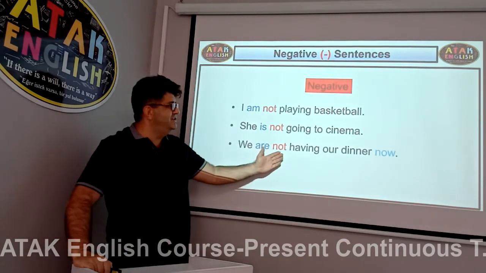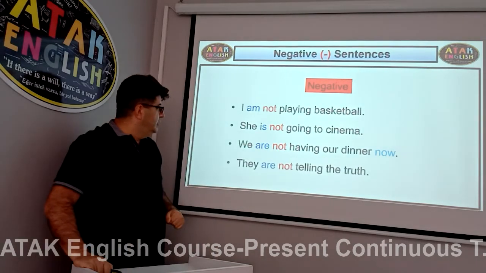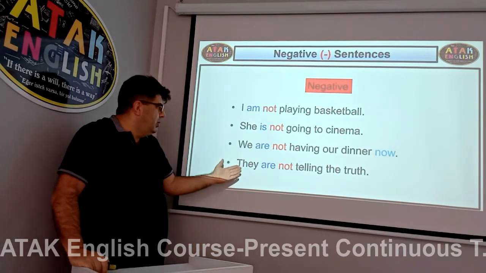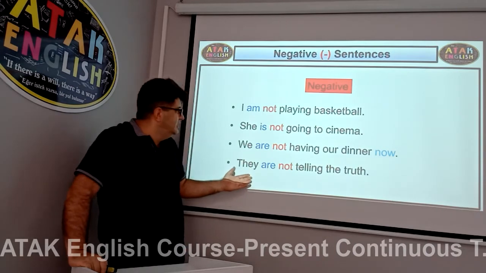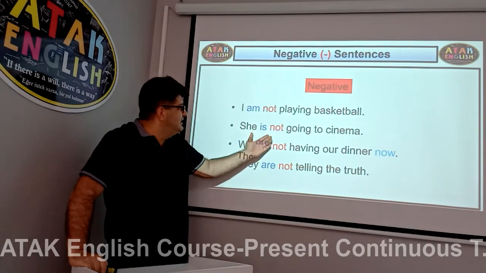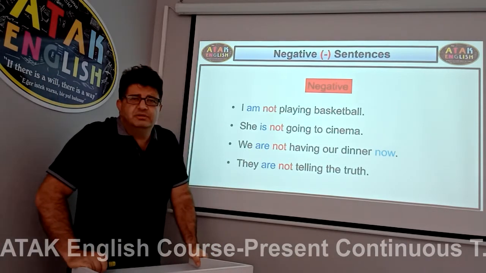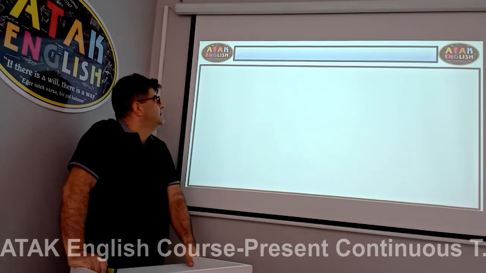We're not having our dinner now. They are not telling the truth, or they aren't telling the truth. So there are two ways you can use is not, or isn't, or are not, or aren't. You can use both, short form and the normal form.